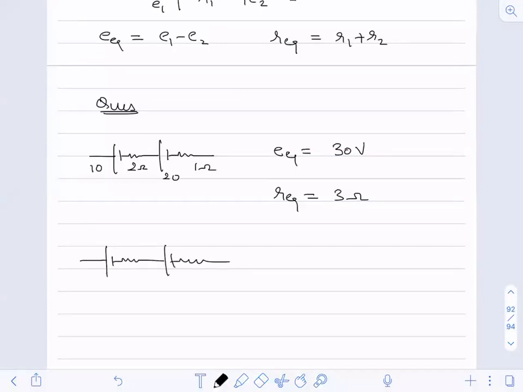Now, if I give you a question like this, suppose this is 20, this is 2, this is 10, this is 1, in ohms and volts. You tell me what is the equivalent EMF?